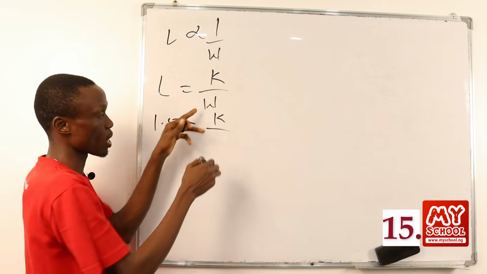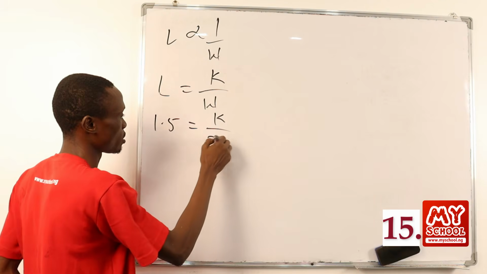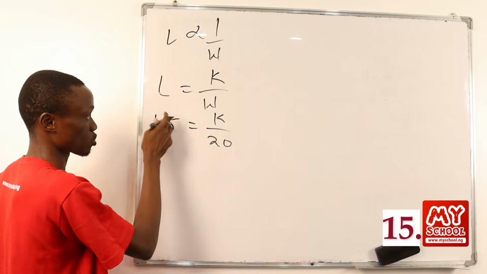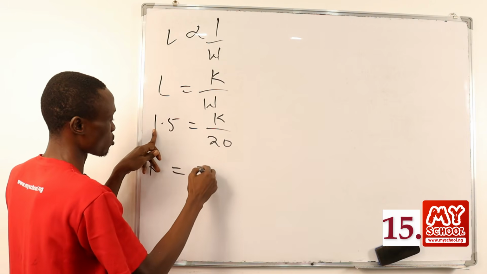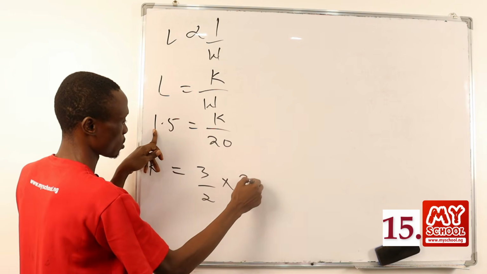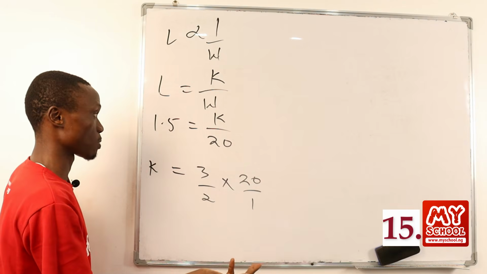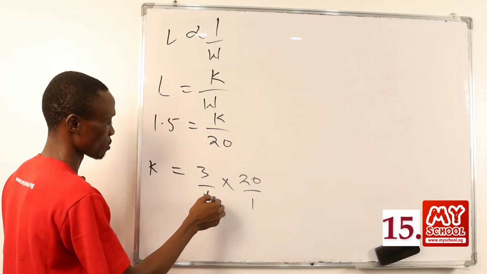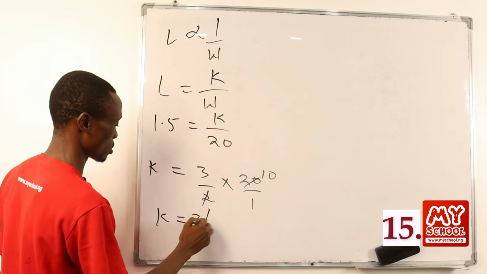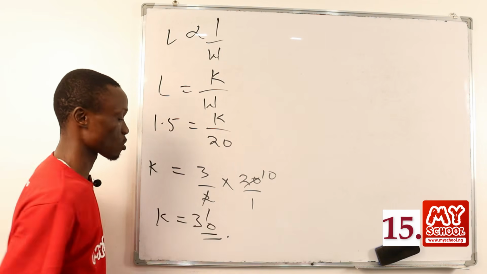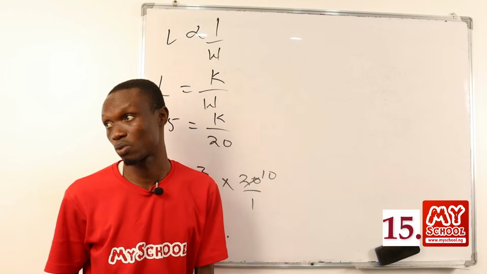This is k over the weight of the person, which is 20. So we are looking for k. We just cross multiply, so that k is equals to, remember that 1.5 is 3 over 2, times 20 all over 1, so that we can multiply easily. So 2 here is 1, 2 here is 10. So k is equals to 30. Okay, so the constant of proportionality is equals to 30.